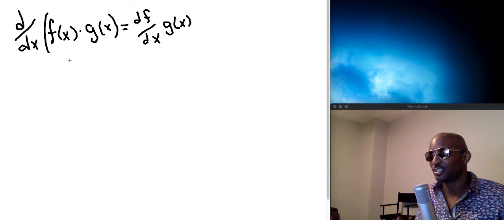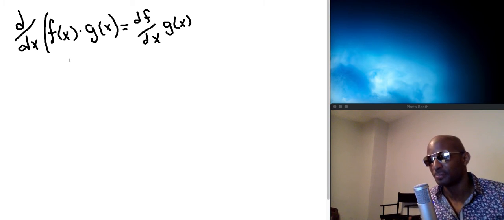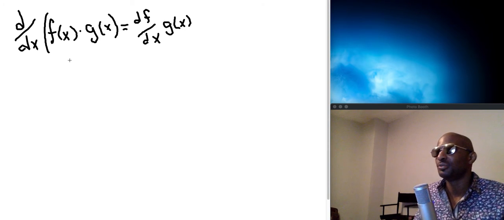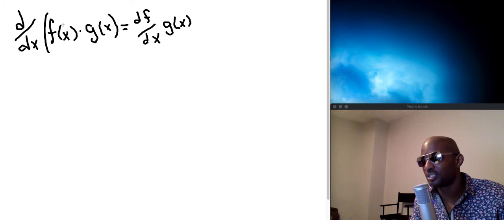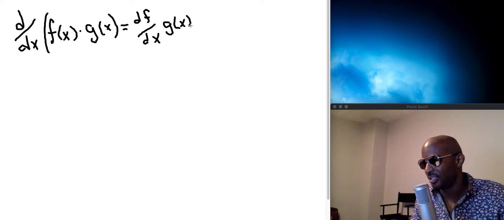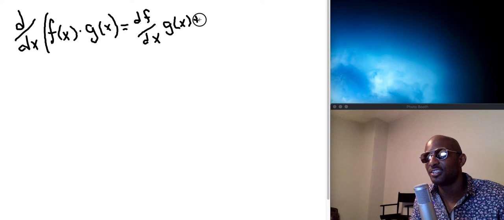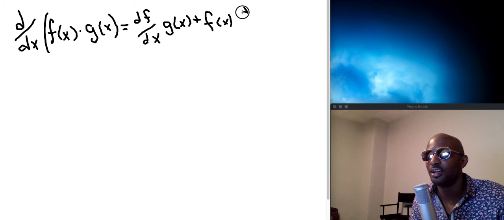So you don't want to take the derivative of g with respect to x times g of x. You want to take the derivative of the first function times the second function, and then you're going to add that to the first function, f of x, times the derivative of g with respect to x.